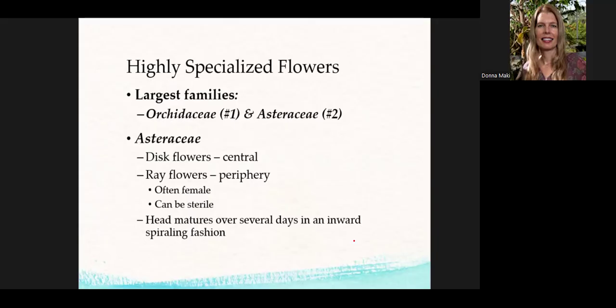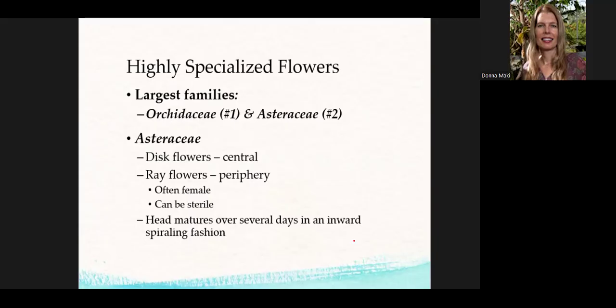The disc flowers are in the center of the flower, and the ray flowers are on the periphery. If you examine the ray flowers, they can be sterile, just a showy part of the flower, and sometimes they're female.